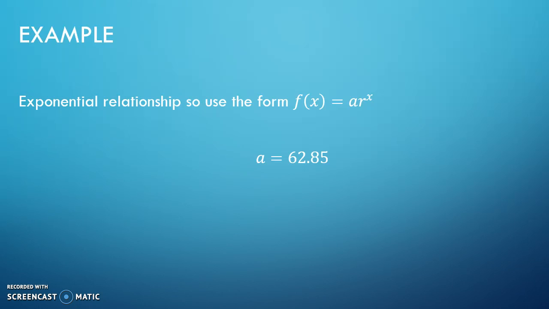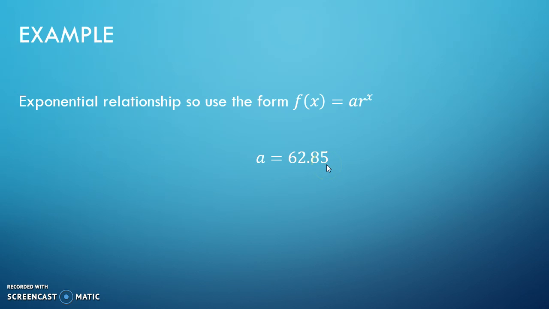Again, using the general form, f(x) equals A R to the power of x. Our A is our original value, so our first trial was 62.85 minutes, so that becomes our A value.